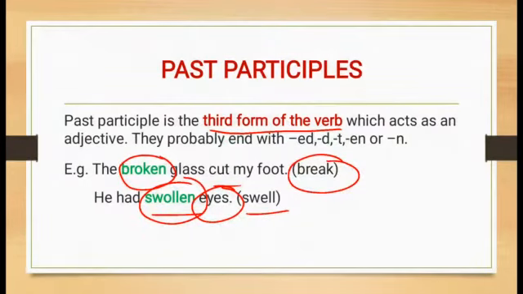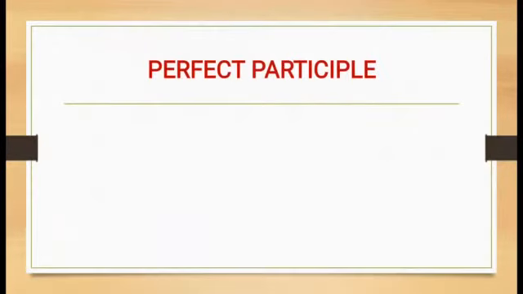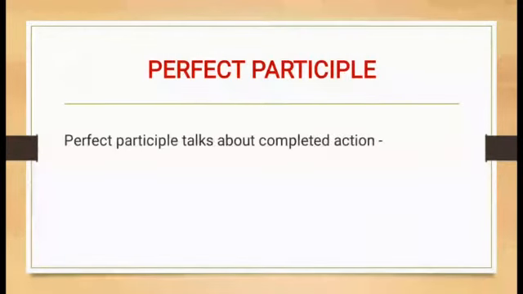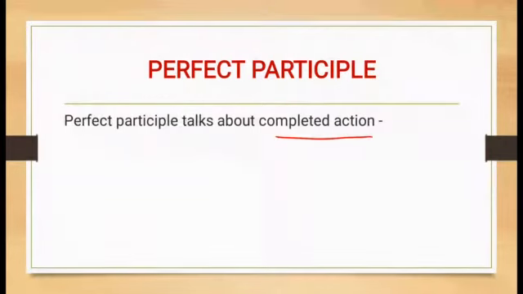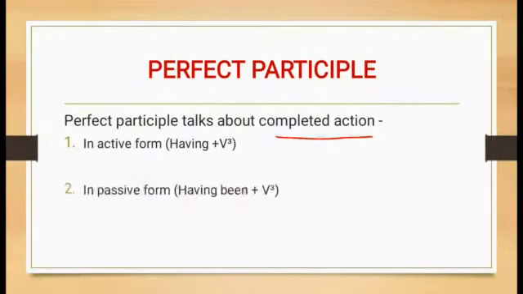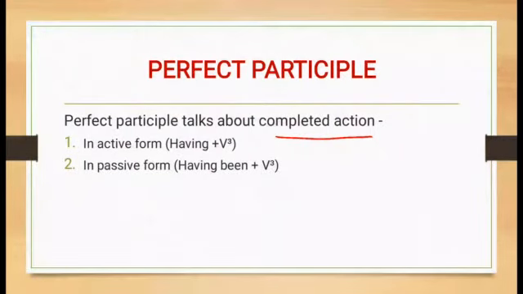Now, let us talk about the third one, that is the perfect participle, which talks about a completed action in active form and in passive form. In active form, it takes having plus the third form of the verb, and in passive form, it takes having been plus the third form of the verb.